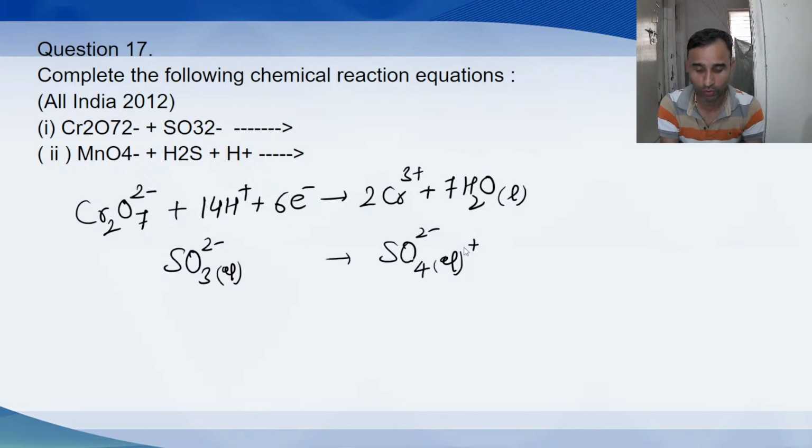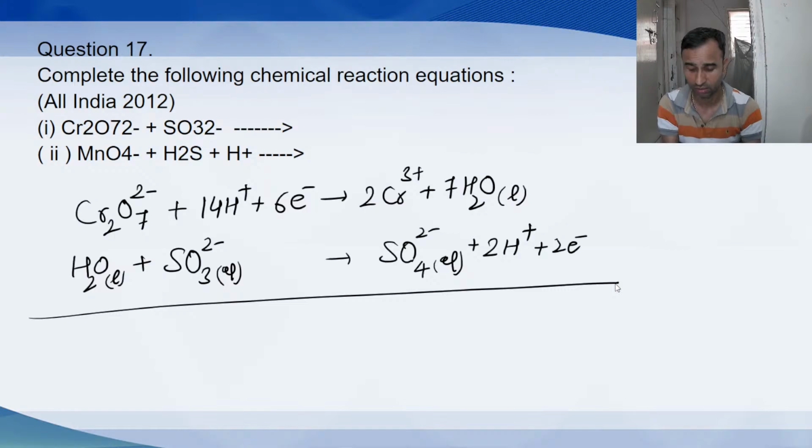The medium is acidic, because dichromate is there, and dichromate always acts as an oxidizing agent in acidic medium only. So add H2O to the side deficient of oxygen and double the number of H+ ions to the opposite side. 2 negative, 2 negative balance, and we have to add 2 electrons.